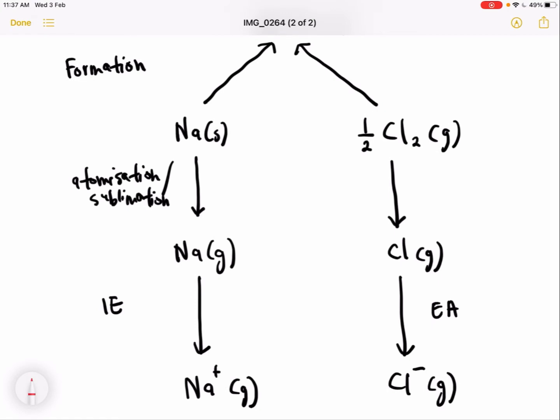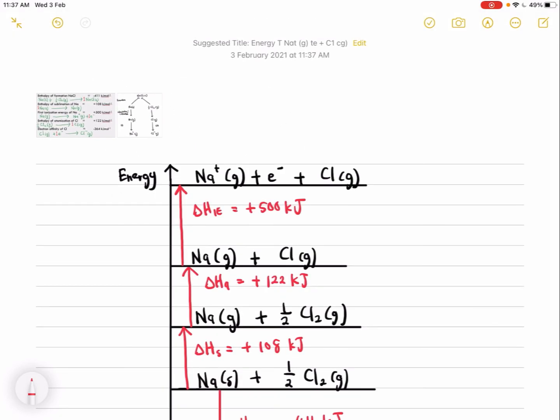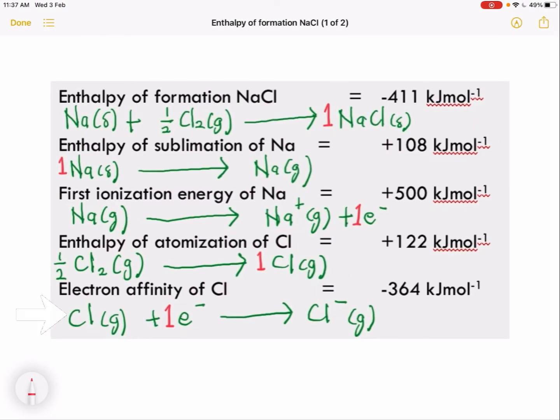According to our prediction, you have successfully formed the sodium ion gas. Our next task is to form the gaseous chlorine ion. In order to form the gaseous chlorine ion, the chlorine gaseous atom will accept 1 mole of electrons to form the chlorine gaseous ion. And this reaction will release as much as 364 kilojoules of energy.